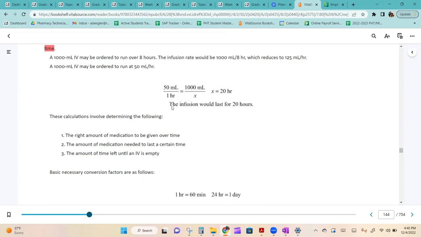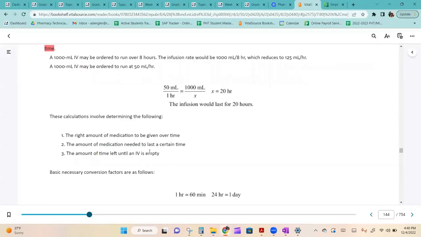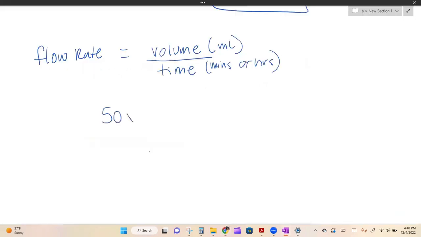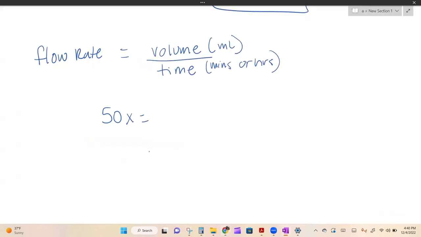So if we ran a 1000 ml IV at 50 ml per hour, that would take 20 hours because we would do a 50x and we'd set it up as 1000 times 1. And let's just do it just so you guys can see. 50x is equal to 1000 times 1.